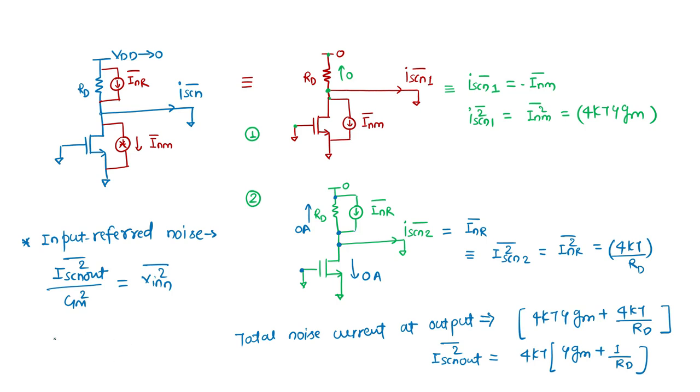So if I want to refer noise to the input, the average value is nothing but the output noise current divided by gm, and this gm is the short circuit transconductance of the circuit.